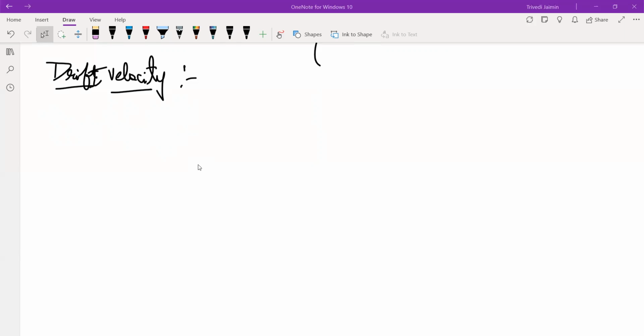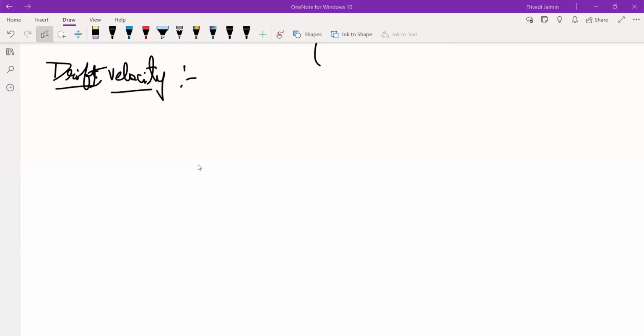Okay, now what is drift velocity? In simple terms, it's the average velocity of free electrons inside a metal. If we apply some electric field, it will start conducting current.